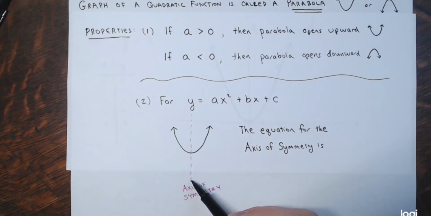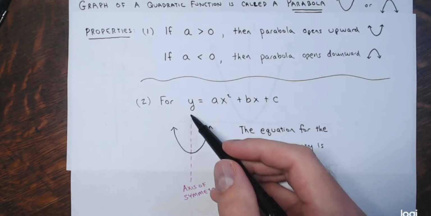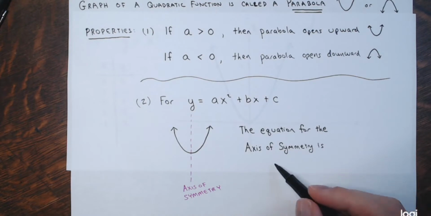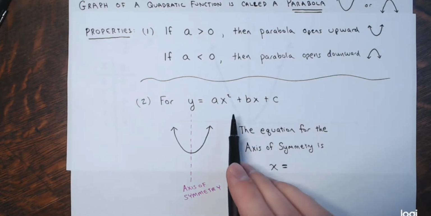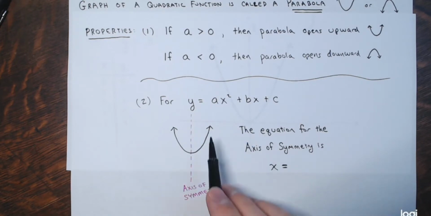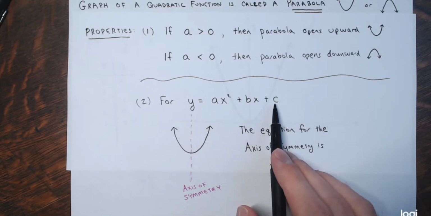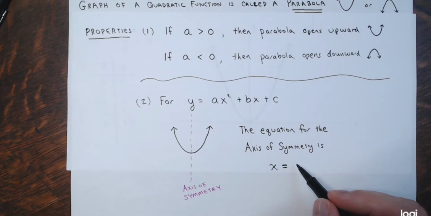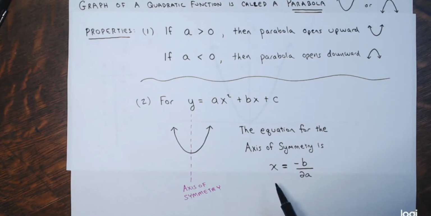For our parabolas in this assignment, it's going to be a vertical line that cuts the parabola into two equal halves here. And every vertical line is the equation x equals some number, right? And what we're going to do is, the equation of the axis of symmetry for a quadratic function of this form, y equals ax squared plus bx plus c, is x equals the opposite of b divided by 2 times a, right, a little fraction.